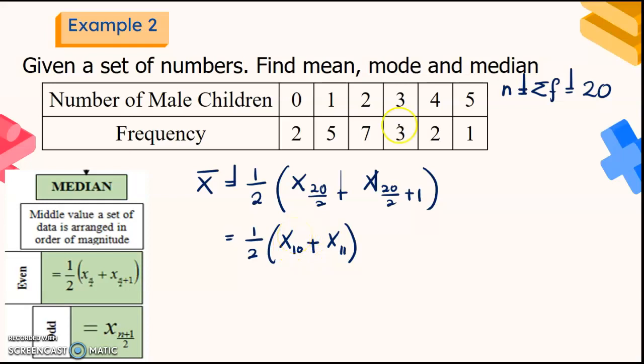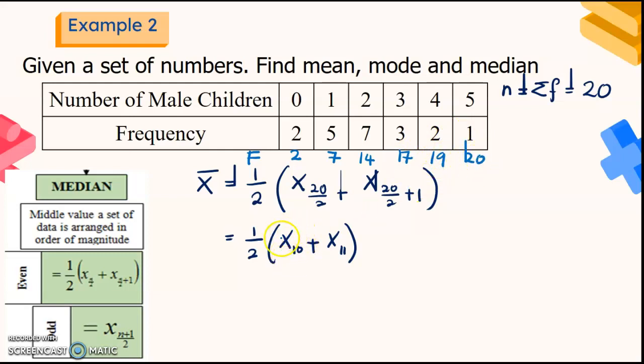So how to determine what is the data for x10 and x11? We are going to find the cumulative frequency here. We start with 2. 2 plus 5, we add up to 7. 7 plus 7 is 14, plus 3 is 17, plus 2 is 19, and plus 1 will be 20.